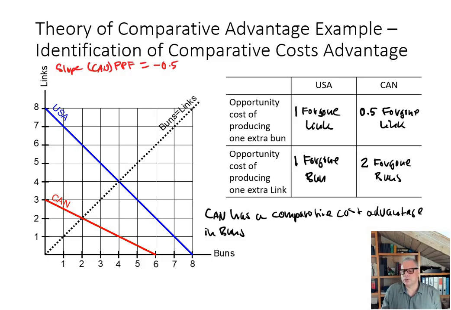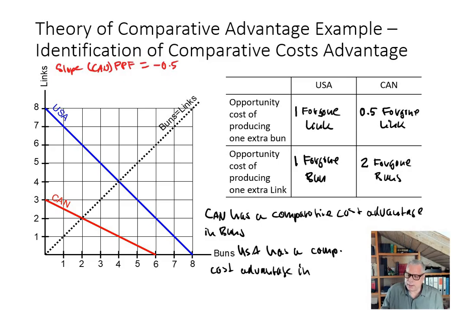So now, because the United States has to give up only 1 bun for every link, but Canada has to give up 2 buns for every link, we will say that the United States has a comparative cost advantage in links.